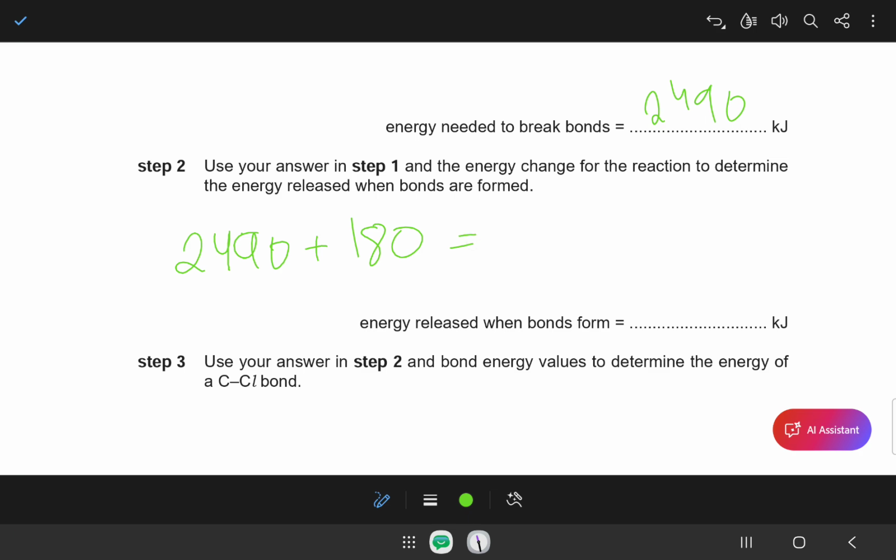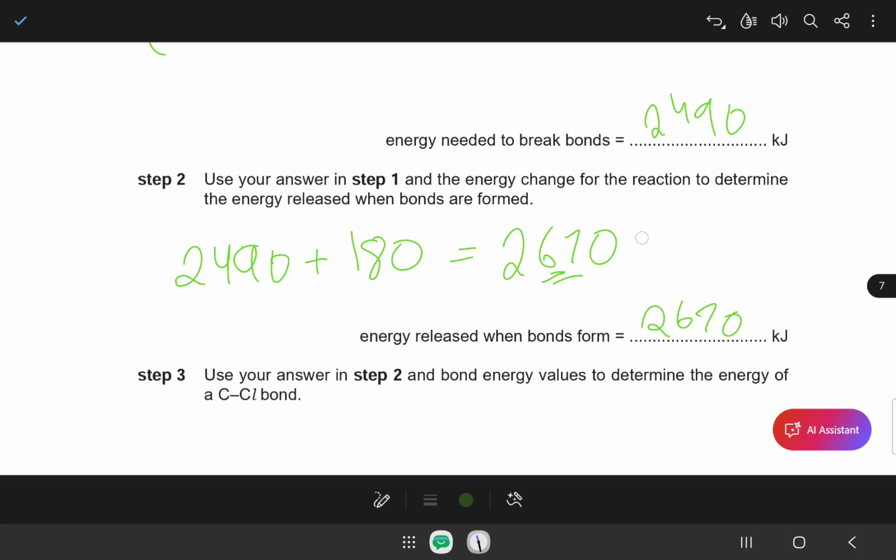So that equals 2670. So we write that here also. This is our total energy released when the bonds are formed.